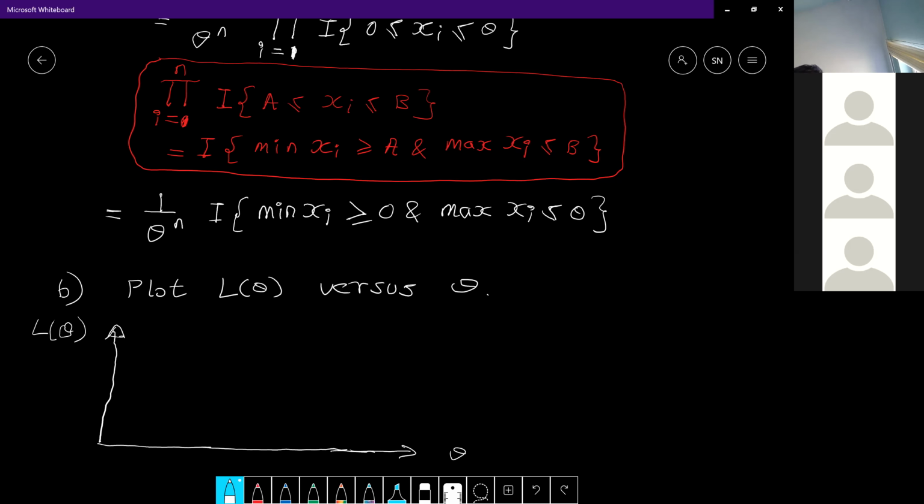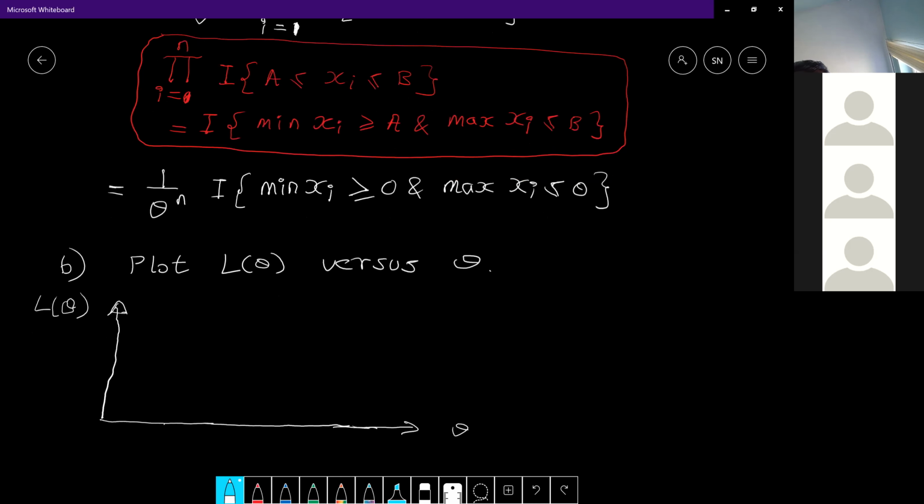According to this, theta must be greater than or equal to max of xi. Suppose this is the point that corresponds to max of xi.